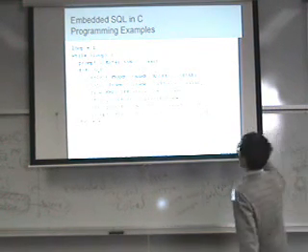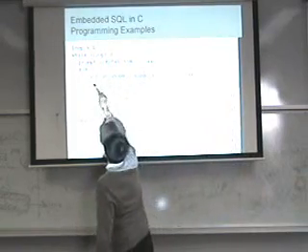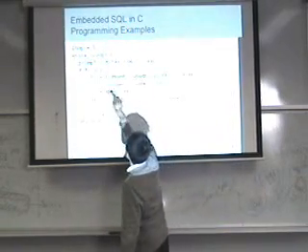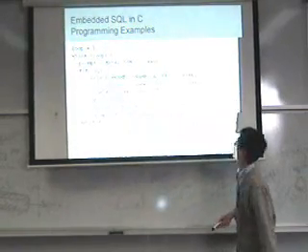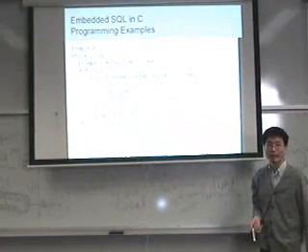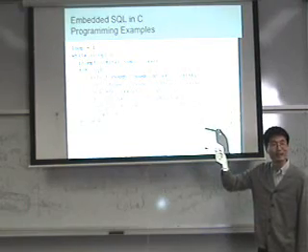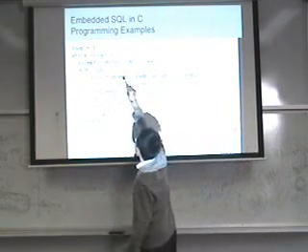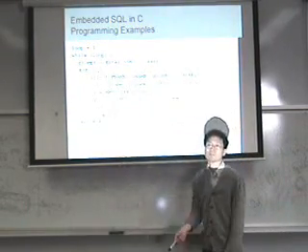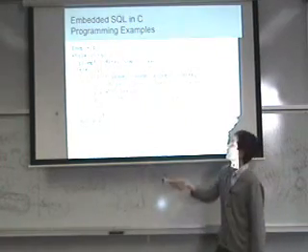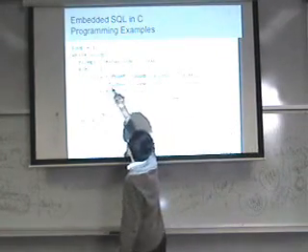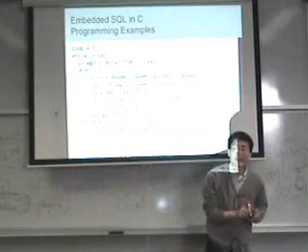Also, another difference is in the INTO clause: F name, L name, address, salary. All of them have a colon at the beginning. What's the difference? Is it the same or different? Different. It's totally different. A colon means it's not the database variable.